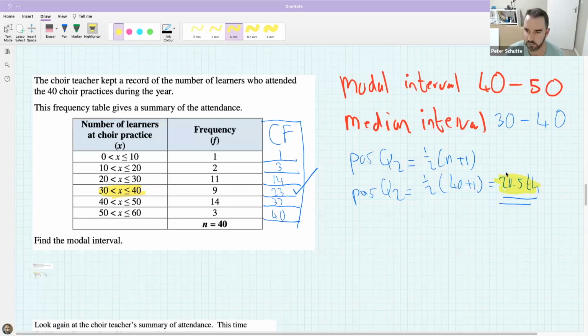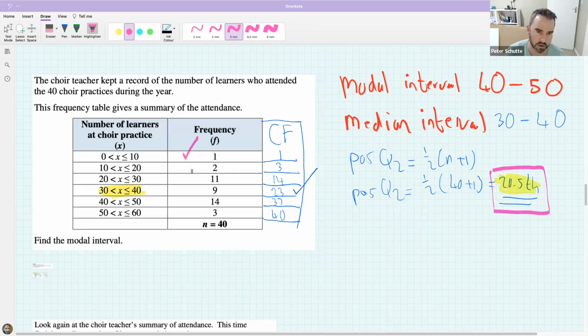So all I'm looking for is, because I don't have exact data items, I can see people are a little bit confused, so I'll go back to this after the break. But if you think of the cumulative frequency column, I'm basically saying, how far do I have to go before I get to 20.5? So think of it this way. Forget about the cumulative frequency column. So far, I've got 1.